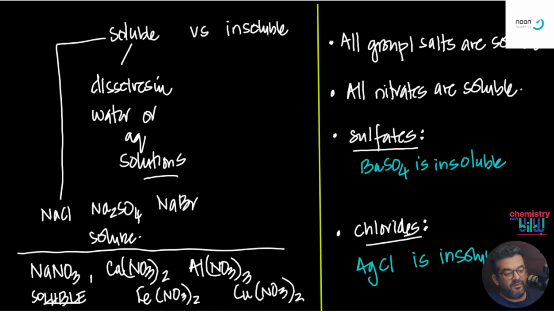Now, that's not the only insoluble salt. So for your exam, you also have to remember there are two other sulfates that are insoluble. Barium is the bottom of group 2. There is also calcium sulfate and lead sulfate. These two are also insoluble.